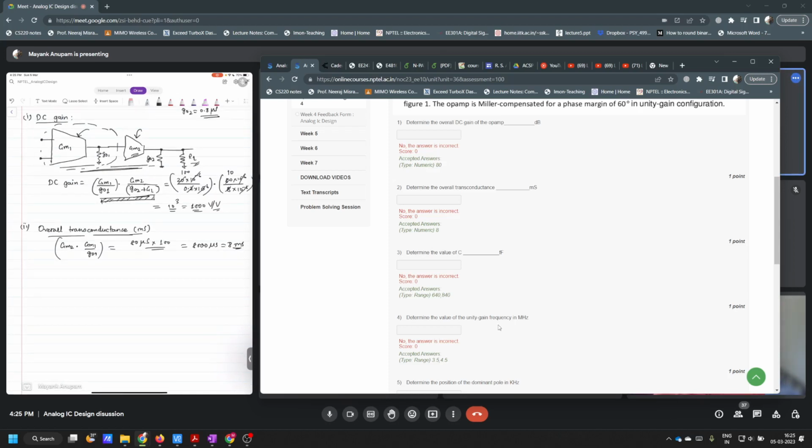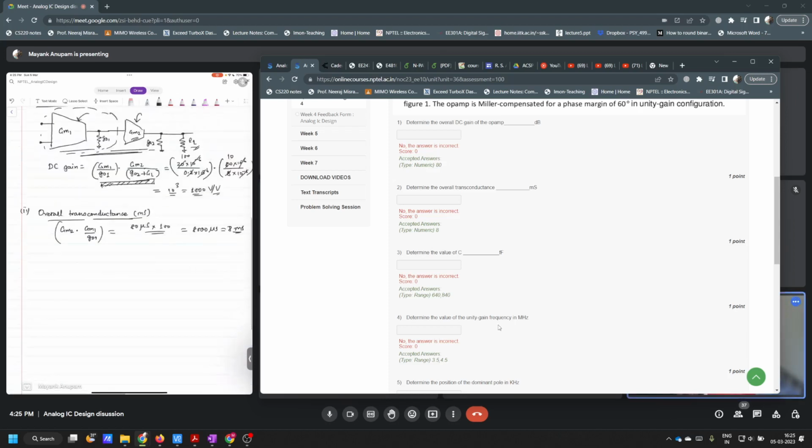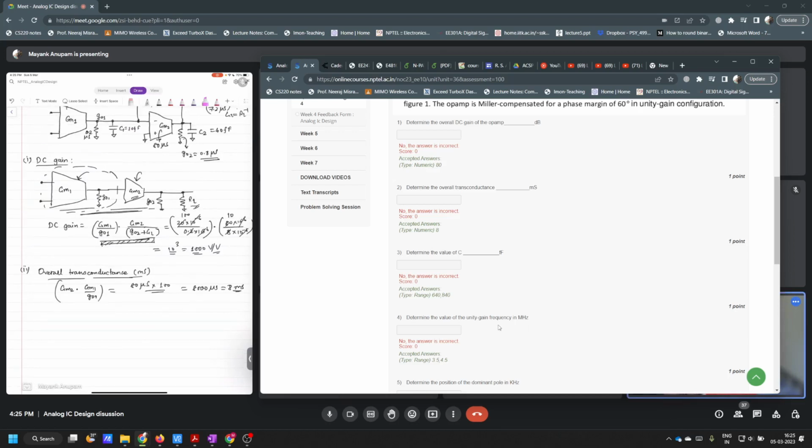Okay, so you see, this is the second block, GM2. This is a VCCS, a voltage controlled current source, correct? Now, what is the current that it will be pushing out? The current that will flow out of this block will depend upon the voltage appearing here. So it is basically GM2 times whatever voltage we have here, let's call it V1.